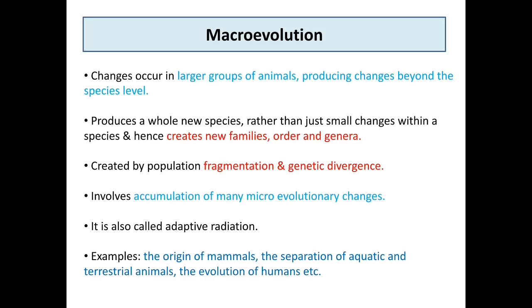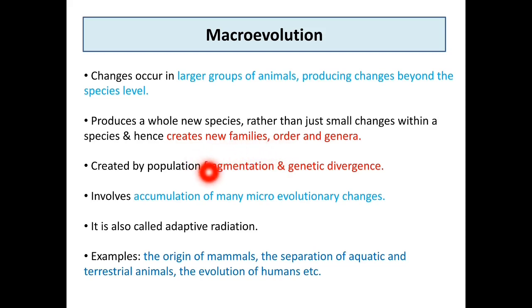Now we will start macroevolution. Here changes occur in large groups of animals, producing changes above the species level. Macroevolution produces completely new species, thus creating new families, new orders and genera.